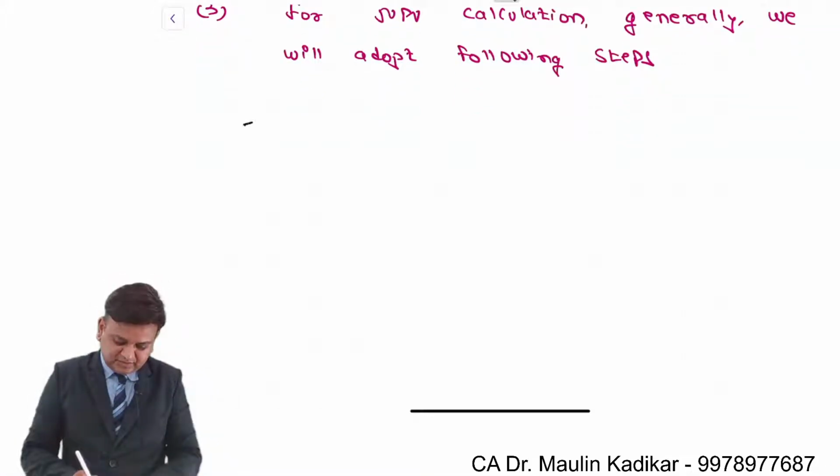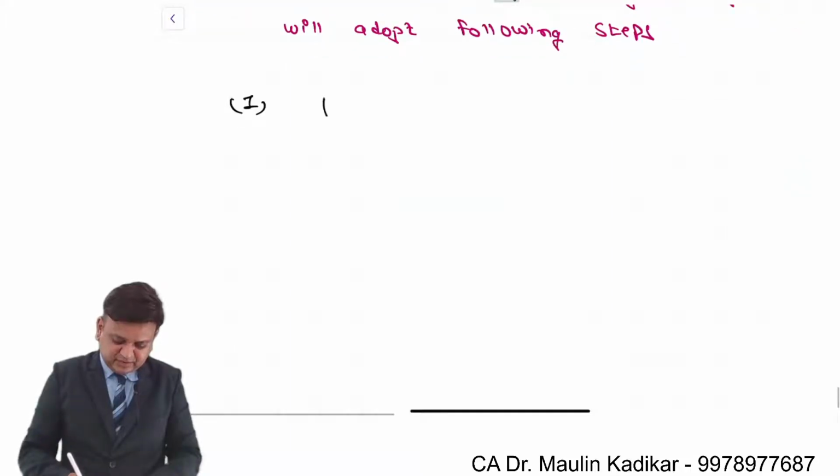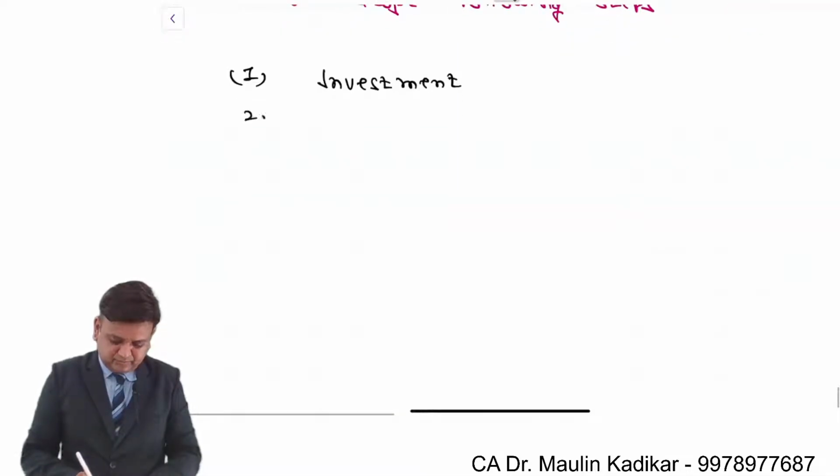In that, write down step number 1, investment. Step number 2, depreciation.